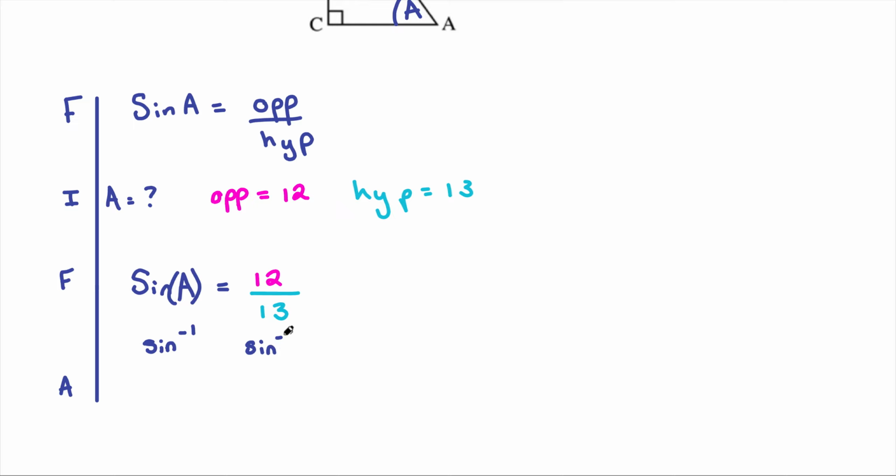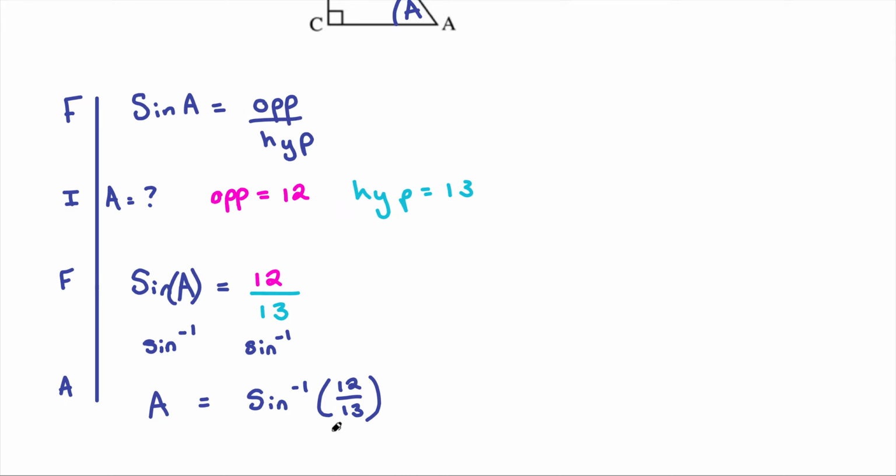So sine with a -1 up there. If I do it to this side, I just am left with A, right? Because the whole reason we introduced this sine inverse was to get rid of that sine. So we're just left with A. And on this side then we will be taking sine inverse of 12 over 13.